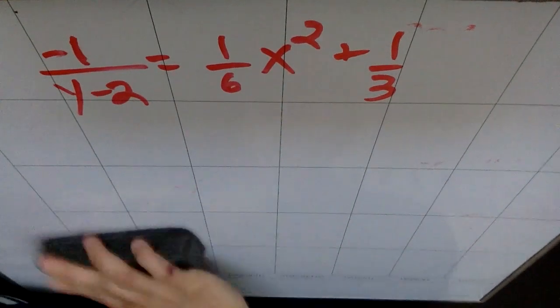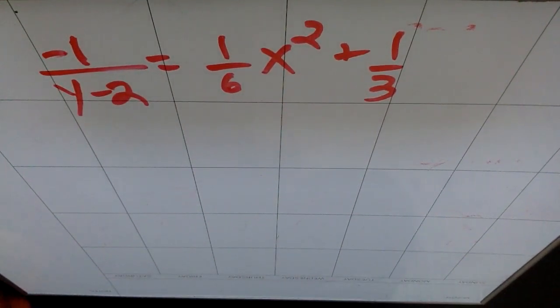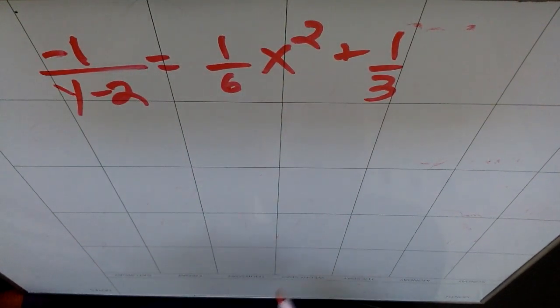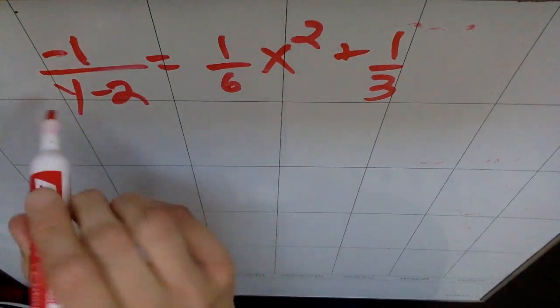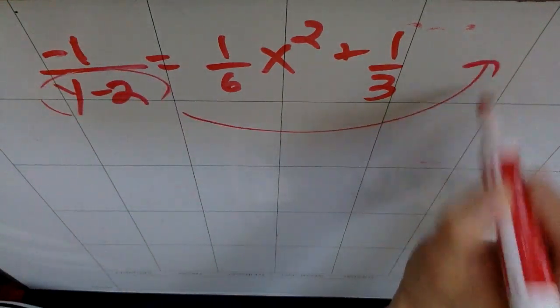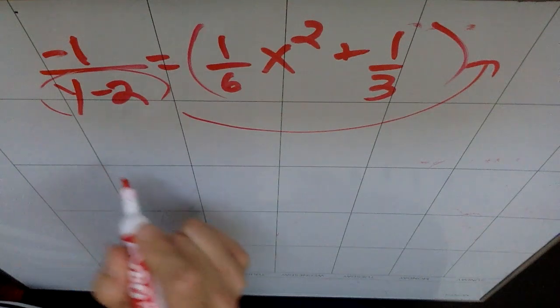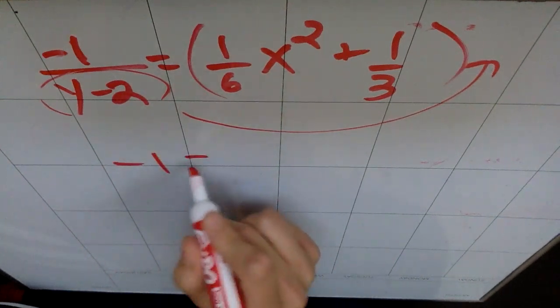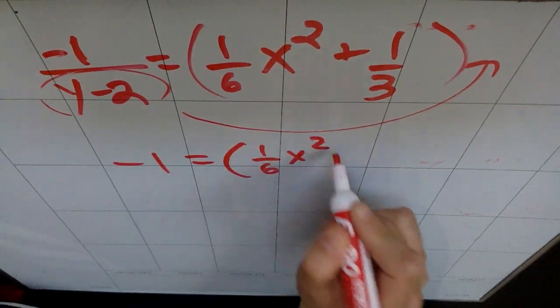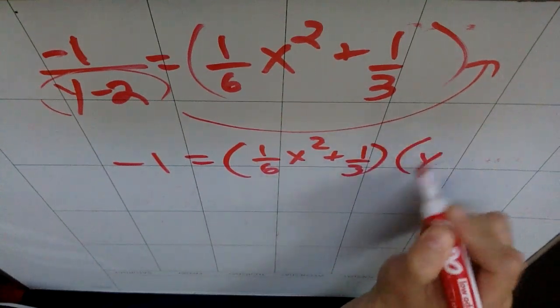And there's a couple different ways to do it. You could go a really super lazy route, and there's nothing wrong with it. You could say, hey, I'm just going to multiply this guy all the way over here and make this negative 1 equals 1/6 x squared plus 1/3 times this quantity y minus 2.